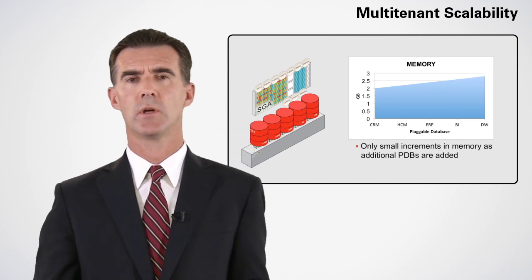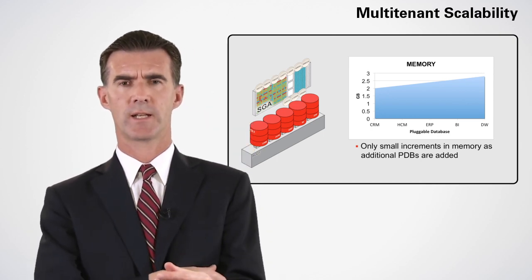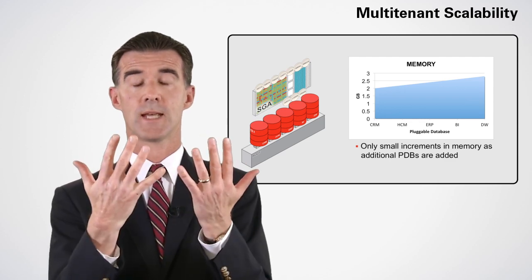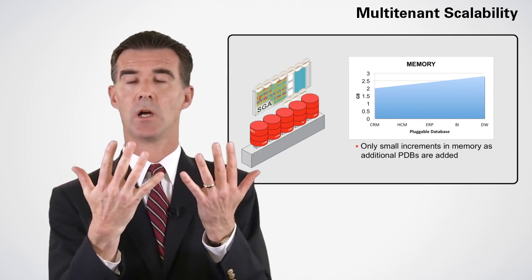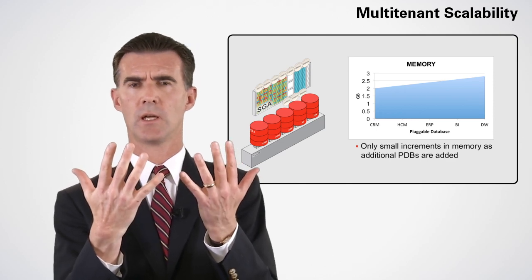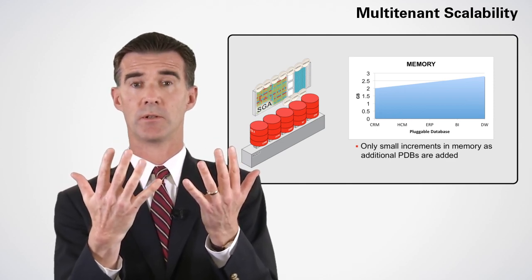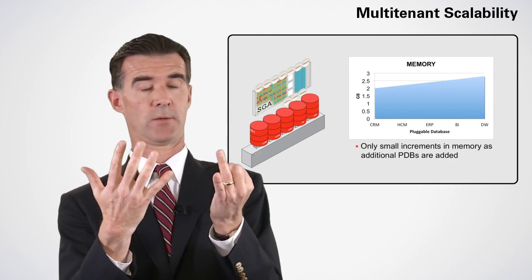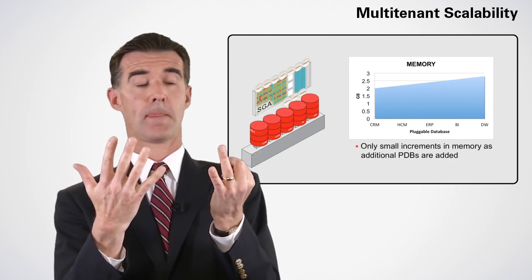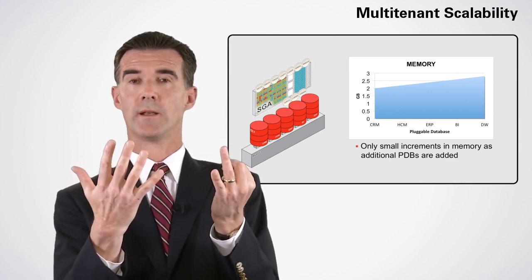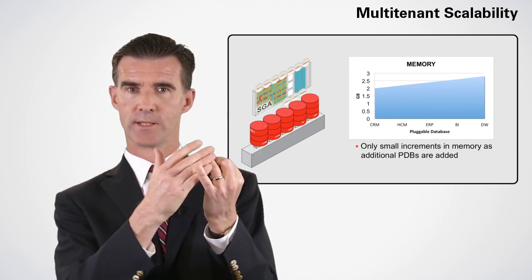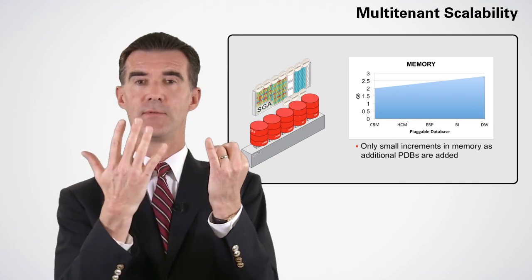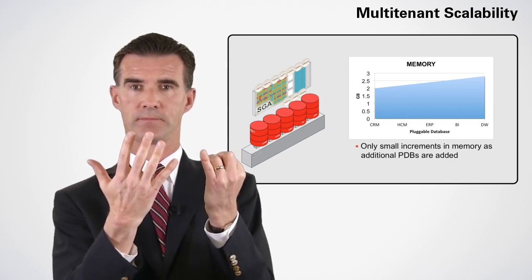Okay, so now let's consolidate. And let's consolidate into a server, let's say, with 10 cores. Okay, 10 cores. Now, you'd be a fool to try and run this system at 100% load, so maybe we'd aim for about 70% load. Let's take away 3 cores. There we are, 3 cores. Now, in multi-tenant, we've only got 1 set of background processes, 1 shared SGA, so we're going to take away 1 set of overheads, that was 1 core, leaving 6 cores for application processing.